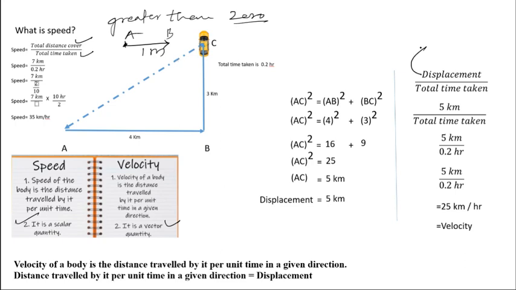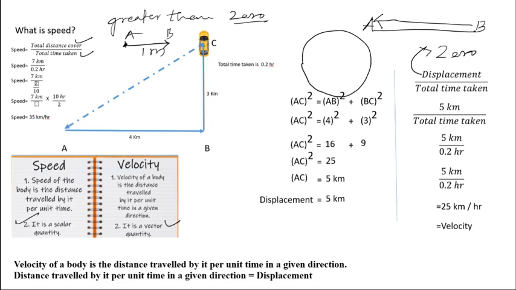But what about displacement? You learned that if an object goes from A to B, and if it comes back to the initial position, then displacement becomes 0. Or if it moves on a circular path and comes back to its position, then the displacement becomes 0.